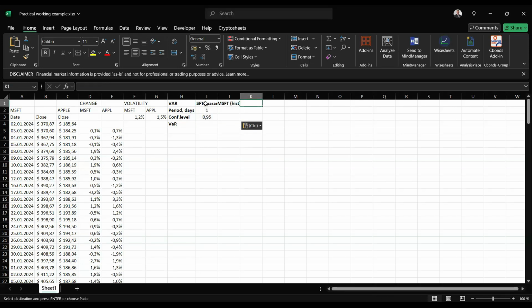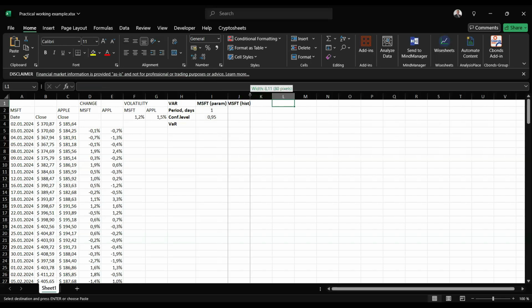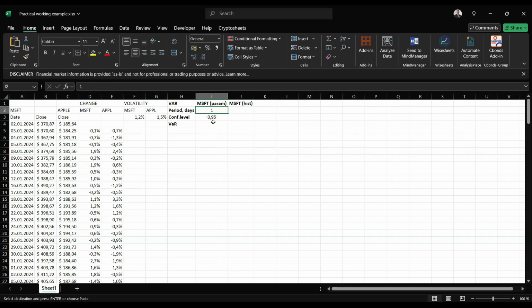Here you can see I have preset the parameters for the calculation. The period of days will be 1, and the confidence level will be 0.95, which is very common, as you may remember. We may calculate the value at risk by means of a very simple formula.